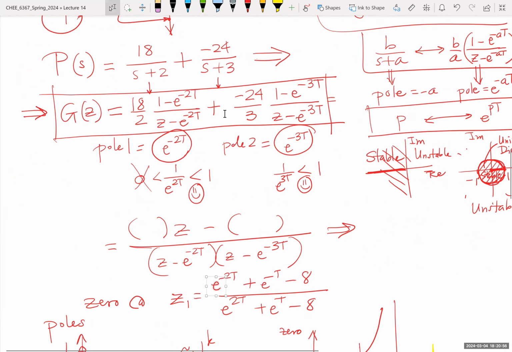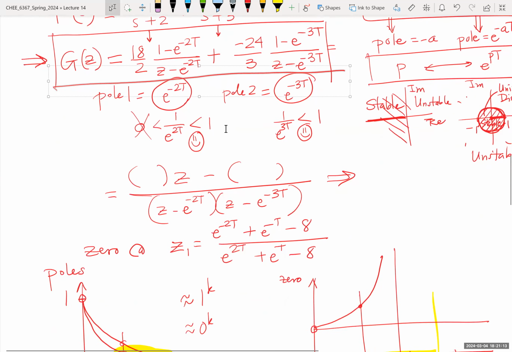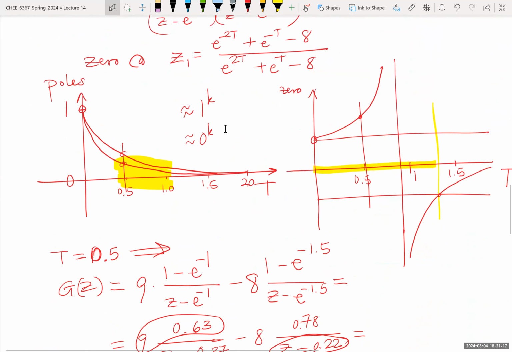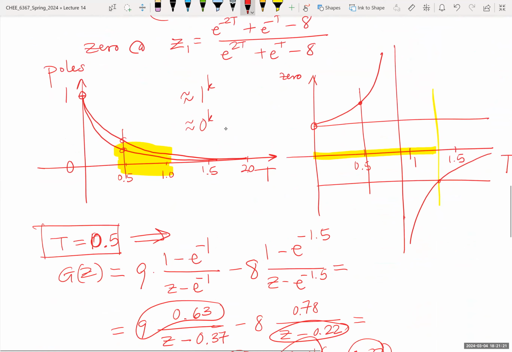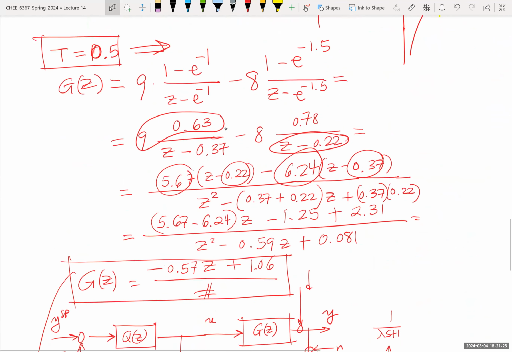I didn't do the algebra for the whole thing, just make that a rational fraction, because it would fill out a lot of space here. It would be messy. So you understand where this is going. And then we did a particular case when we selected T to be 0.5 and said, in this case, G is this, and IMC directly doesn't work for that.